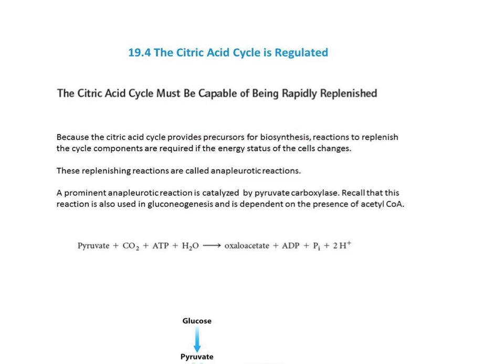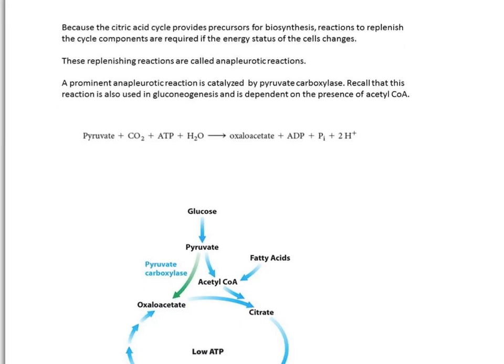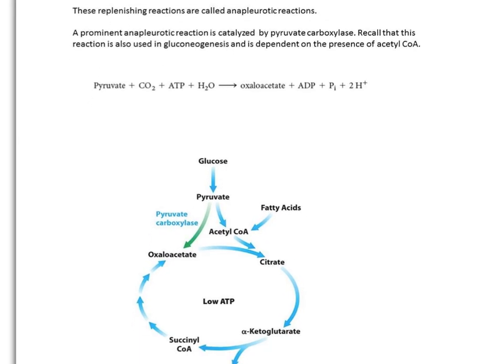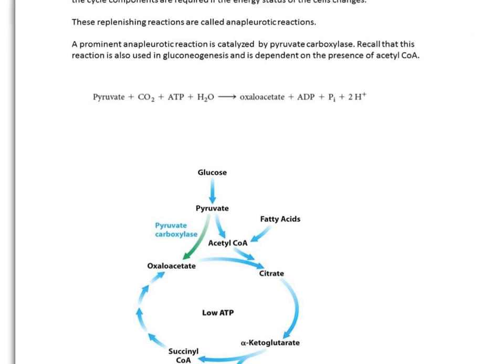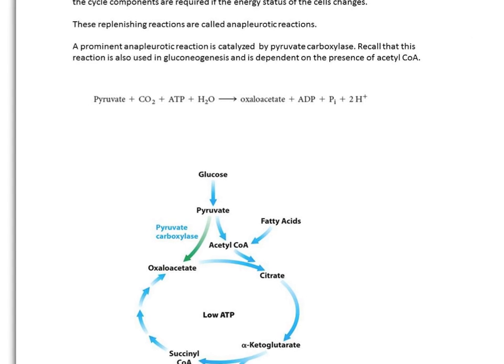They're used to make a lot of the molecules we actually need to live and survive, and they also are harvesting energy. So we need to have replenishing reactions, anaplerotic reactions they're called, and one of them is that pyruvate carboxylase reaction I told you about. It helps make sure that we get what we need in terms of oxaloacetate.